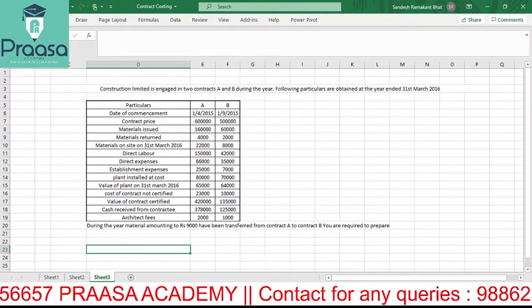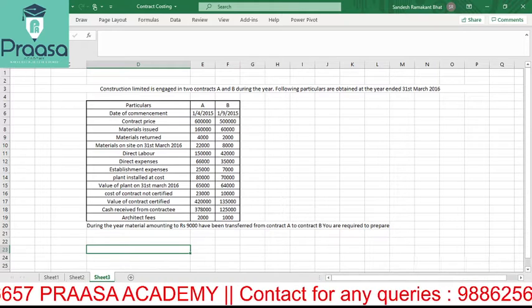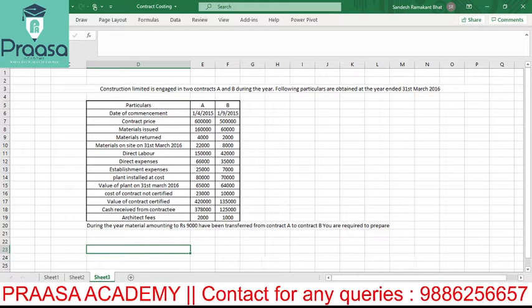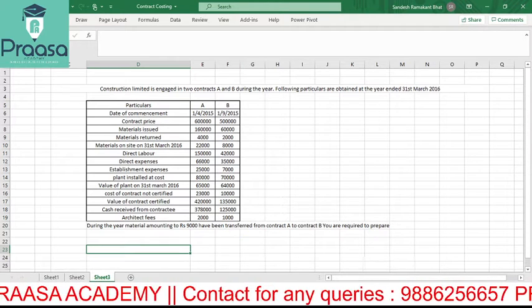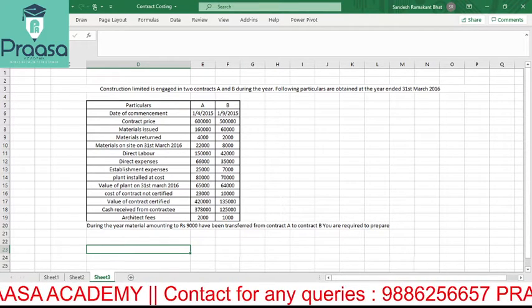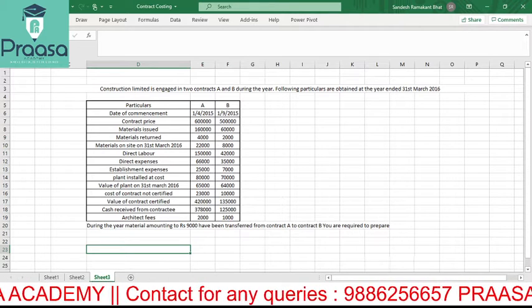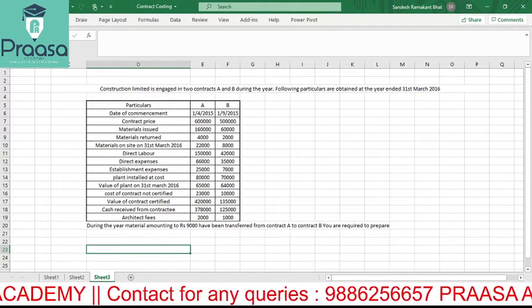Today we are going to solve one more problem of contract costing. The question is like this: Construction Limited is engaged in two contracts A and B during the year. The following particulars are obtained at the year end, 31st March 2016.